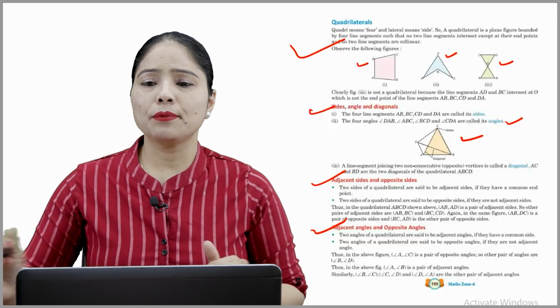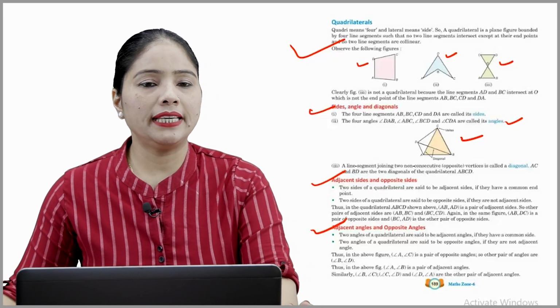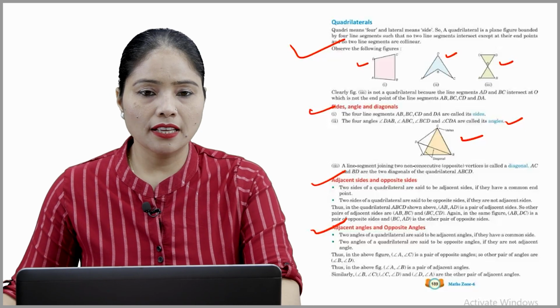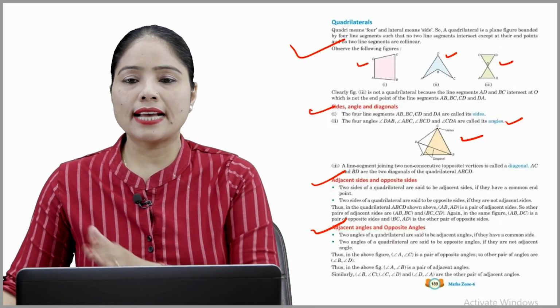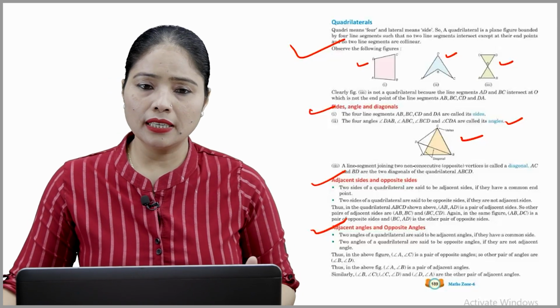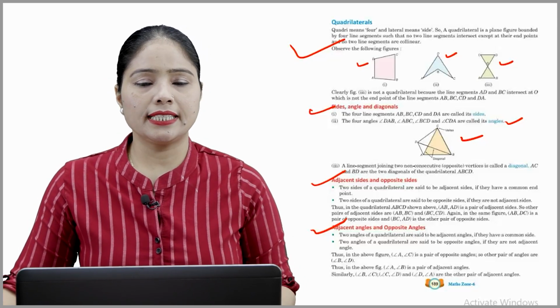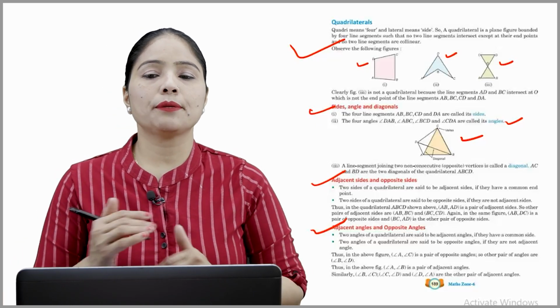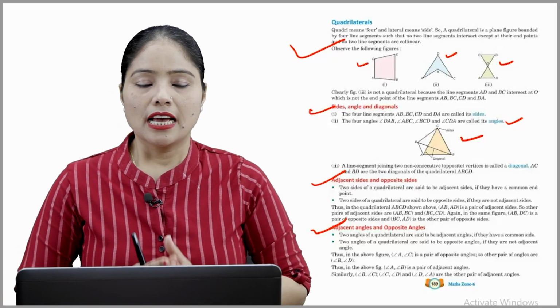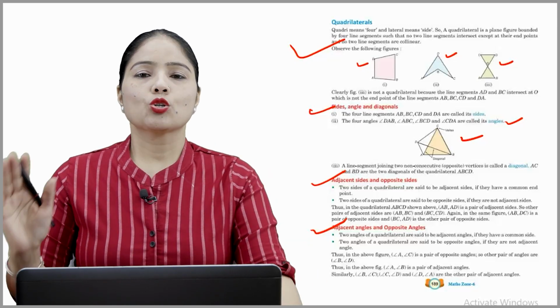The other pair of angles are angles B and D. Thus, in the above figure, angles A and B are a pair of adjacent angles. Similarly, angles B, C and angles D, A are the other pairs of adjacent angles. I hope you understood well. So, now next.